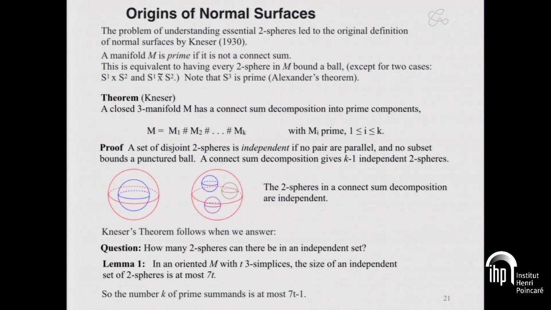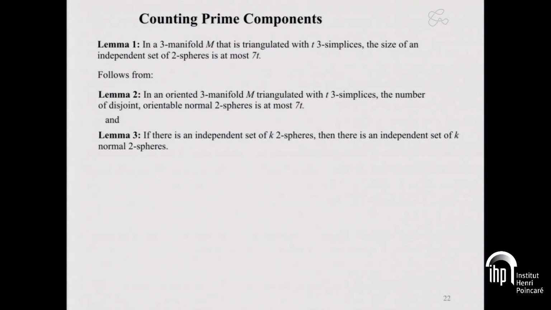We won't need that. We'll reduce it to three little lemmas. First, we'll show that if you have t tetrahedra, then you can't have more than 7t non-parallel 2-spheres. If you have 7t plus 1 normal 2-spheres, or 7t plus 1 2-spheres in general, normal or not, then two of them will be parallel.